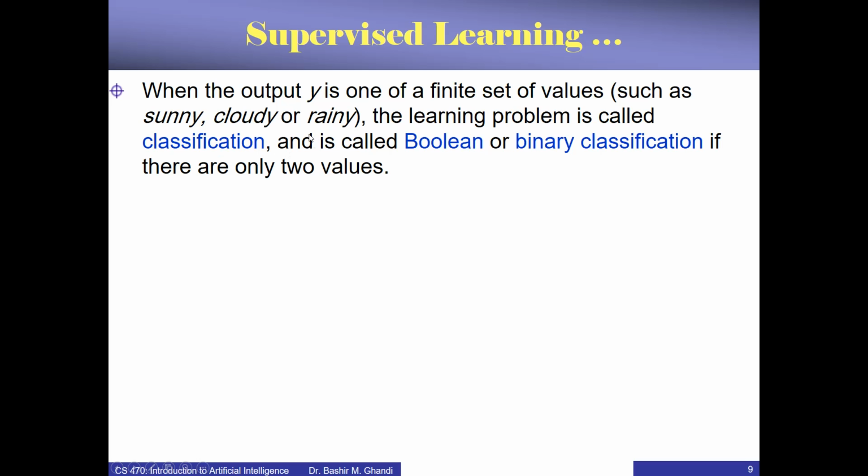Okay, so classification is a supervised learning where a set of attributes are mapped to a finite set of values. If in fact there are only two possible output values, then it is called Boolean classification or binary classification.